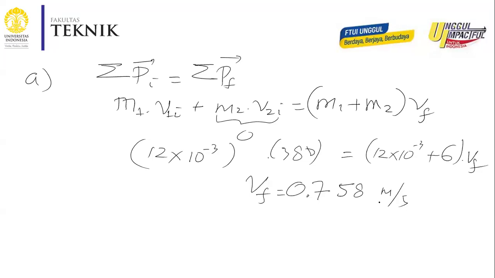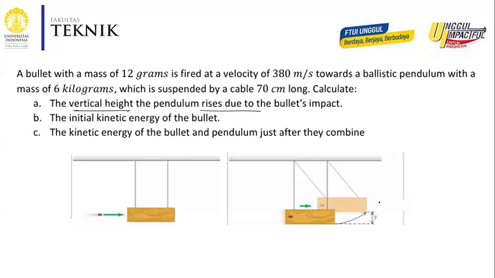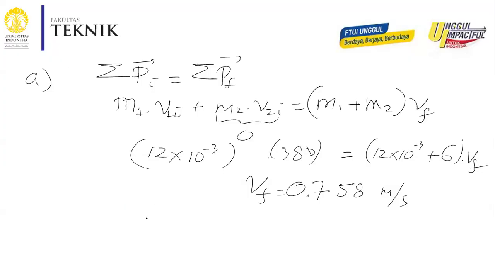And then by using kinetic energy and potential energy conservation, we get the height after the collision. Half of mass 1 plus mass 2 times V final squared, which is the total kinetic energy after the collision, will be the same as mass 1 plus mass 2 times g times h.